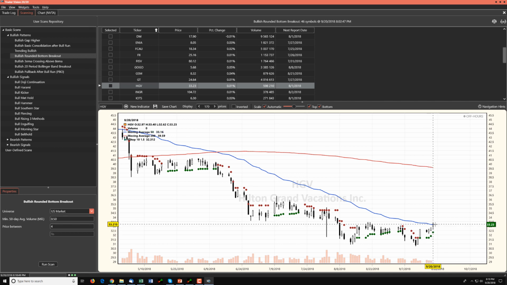It's a little bit below the 50-day moving average, but it is what it is. The first target was up here about 36.75, I think. Yeah, so it was right in this area.